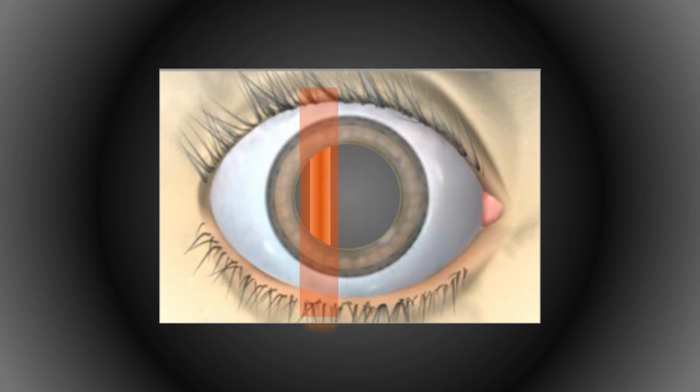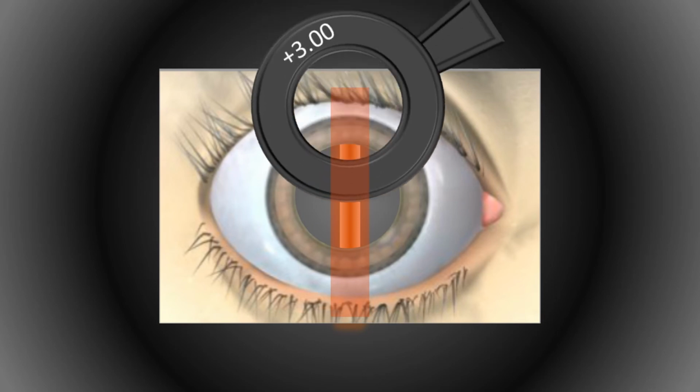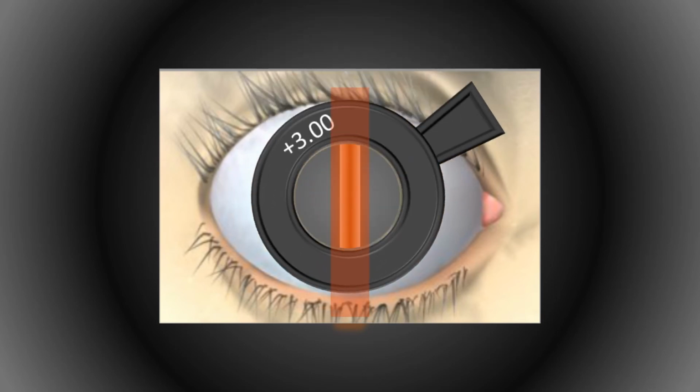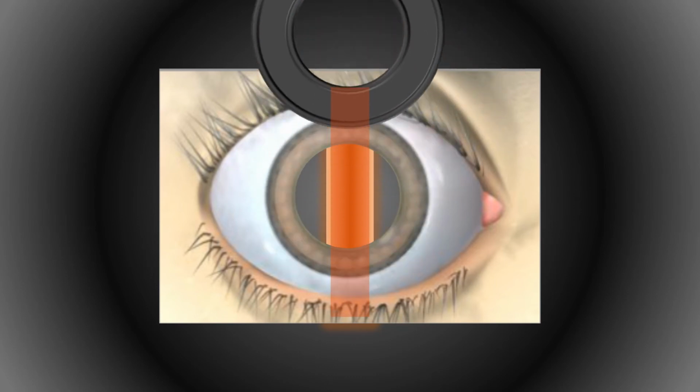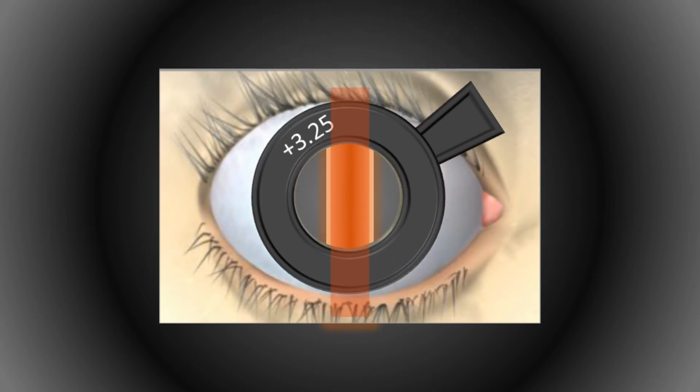I'm taking a vertical streak and we are seeing that the red reflex is showing with movement. Here we will put a plus power lens, and I'm taking +3 diopter to start. Now again observe the reflex movement through this lens, and it is still with movement. So change the +3 lens to +3.25 diopter.